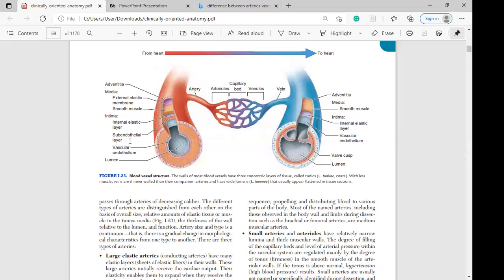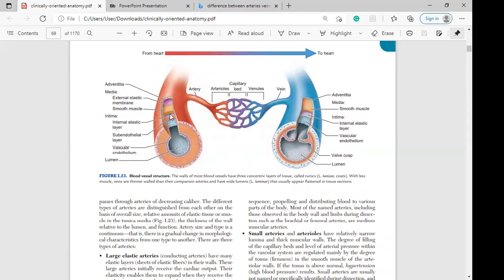Now, close to this subendothelial layer, you have what we call the internal elastic layer. All of these I just mentioned are still inside the Tunica Intima. So the Tunica Intima contains three main things: the vascular endothelium, which is the innermost layer of the intima, then a subendothelial layer just above the vascular endothelium, and then an internal elastic layer.